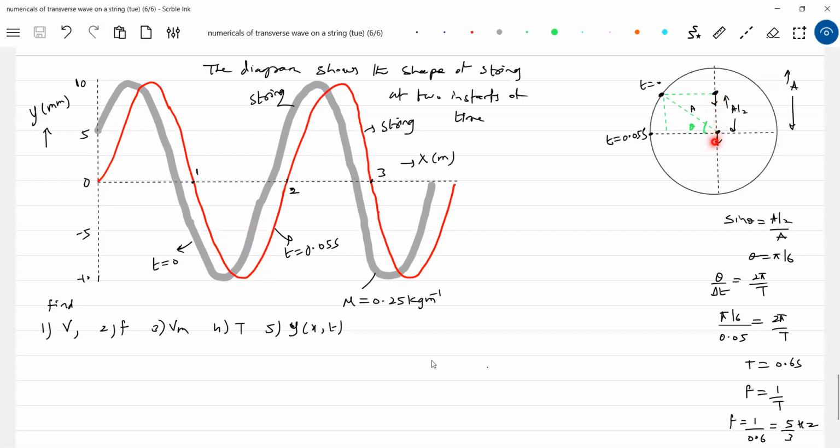So the point will go and might have returned back. But you see the gap between them is very small, no? The point here and next it will be somewhere here like this.